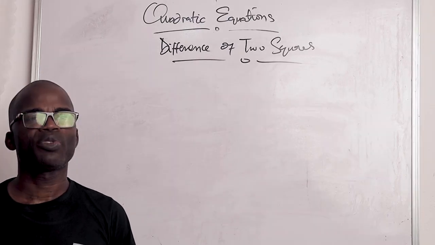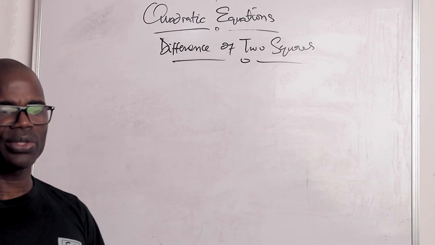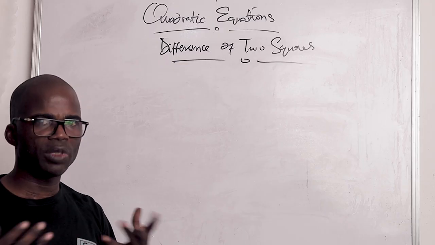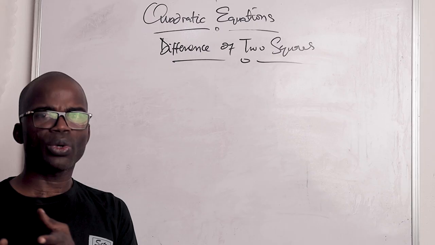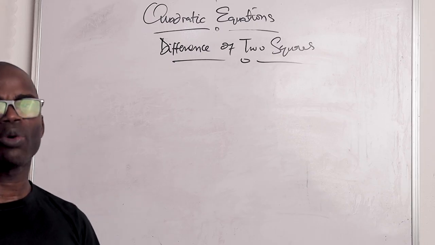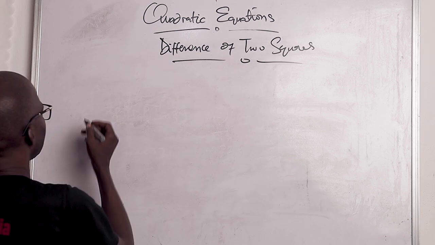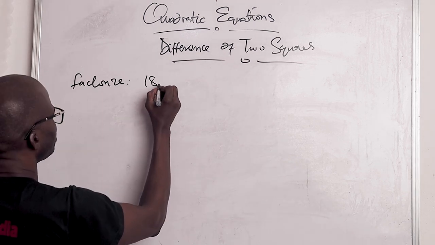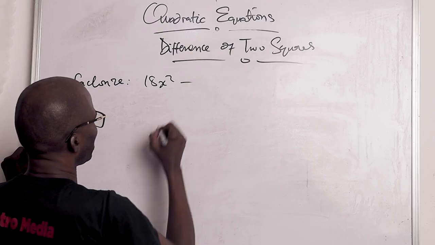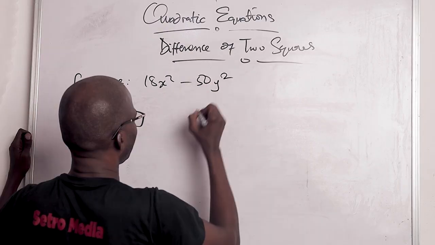Okay, we want to move a step further now. What about in a scenario whereby we have some expressions that might need you to divide, from your mindset, for you to arrive at the square root of whatever figure that will bring them into a difference of two squares model? Let's imagine that you are asked to factorize 18x squared minus 50y squared.